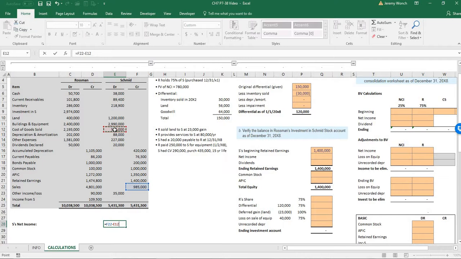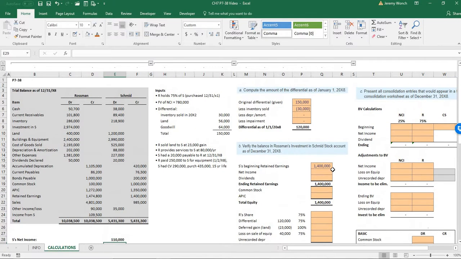So subtract out our cost of goods sold, subtract out depreciation, subtract out any other expenses, and then in this problem it also says other income or loss. We have a debit to an income loss account, so that is going to be a loss. So our net income for S is going to be 110,000.